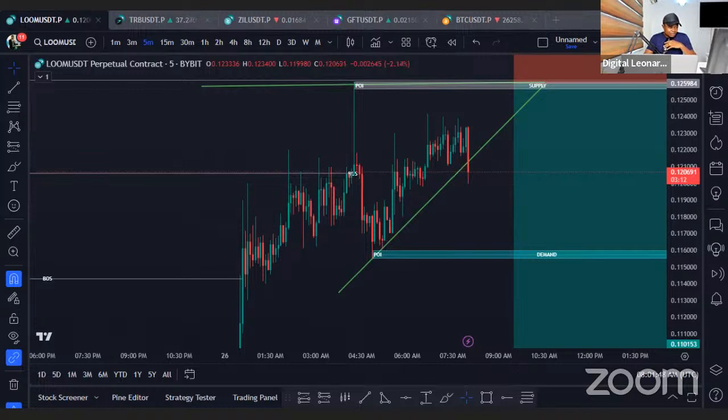I'm equally paying attention to XTMX, okay? A lot of tokens actually depend.